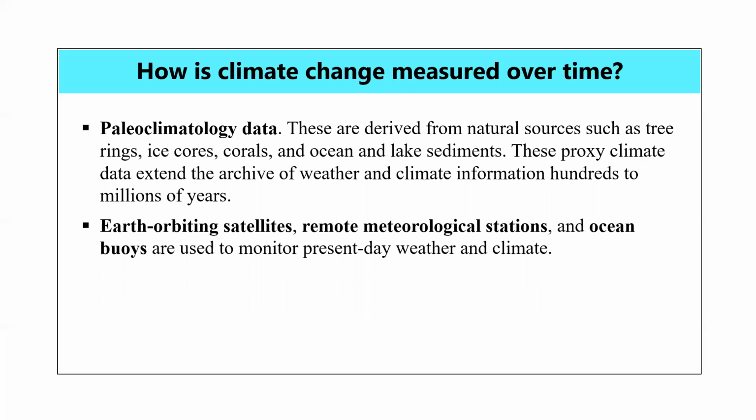Before, there were still no weather station projects, but at present, we're able to estimate what the temperatures were back then, thanks to paleoclimatology data, which are derived from natural resources such as tree rings, ice cores, corals, and ocean and lake sediments.